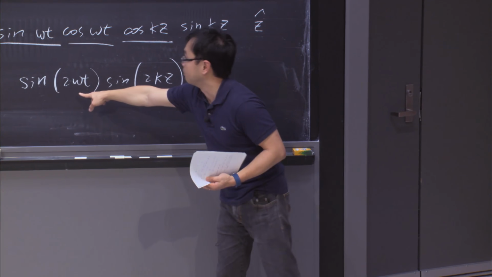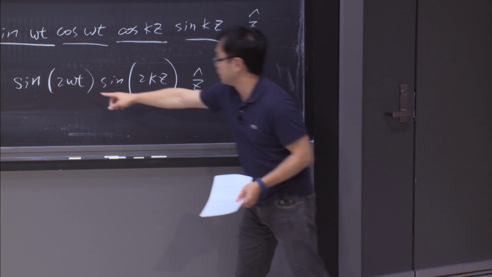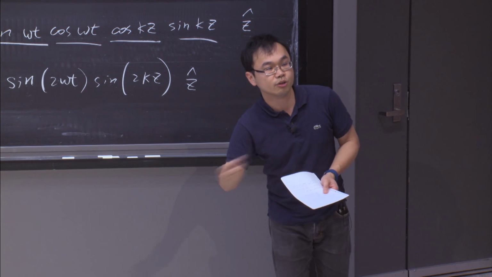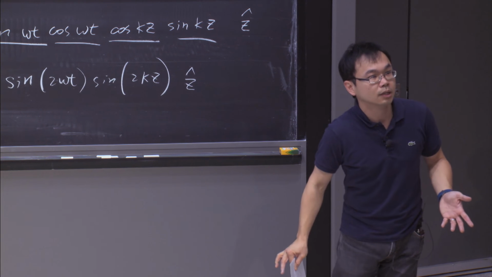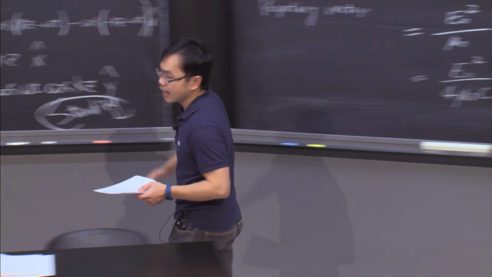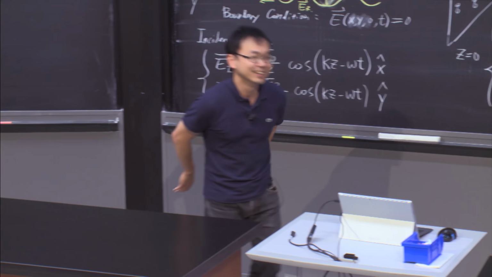So as you can see, the magnitude of the Poynting vector is oscillating up and down. That causes additional vibration, and that heats up the food. So after this lecture, you'll be able to say proudly that you understand the physics of the microwave oven.